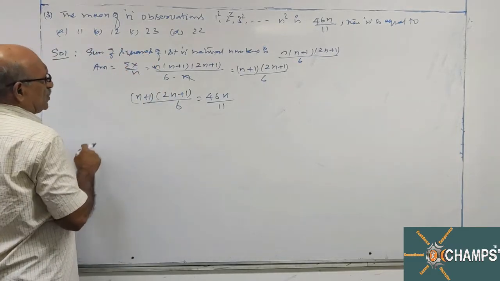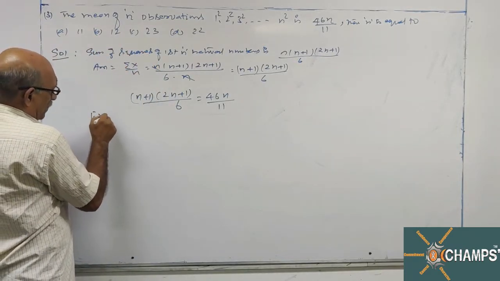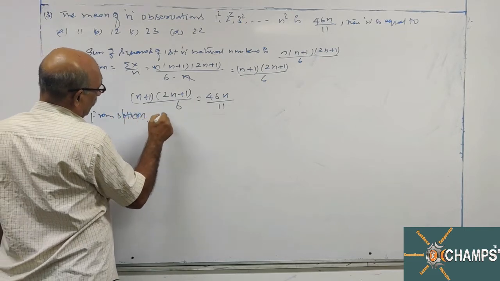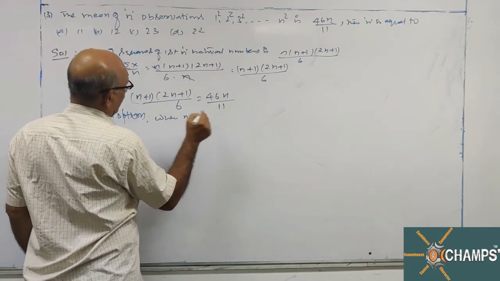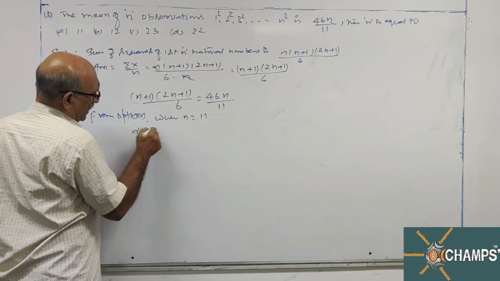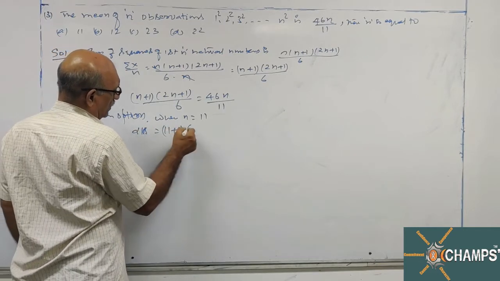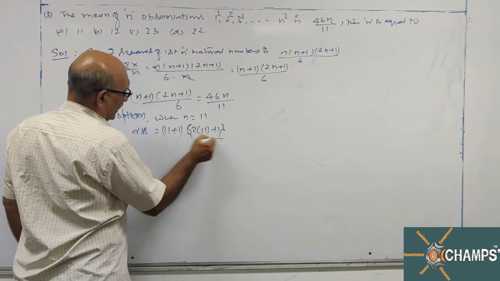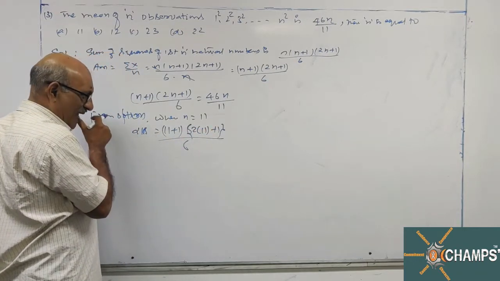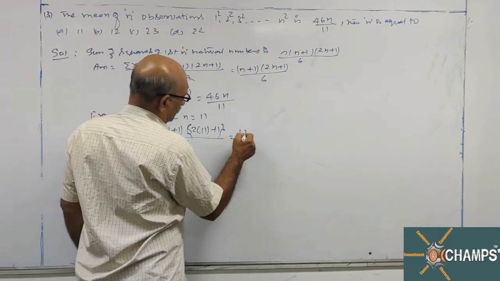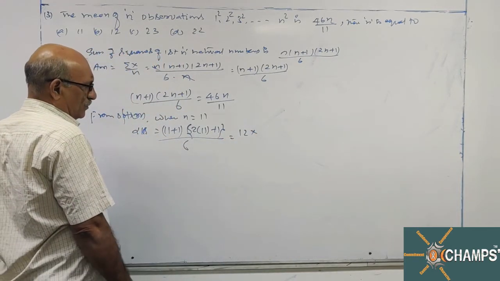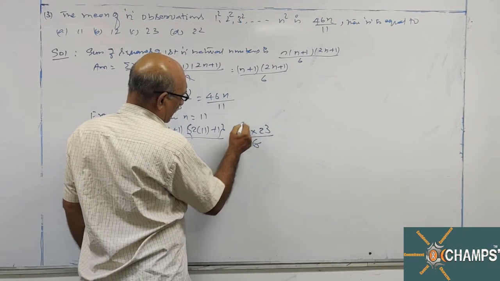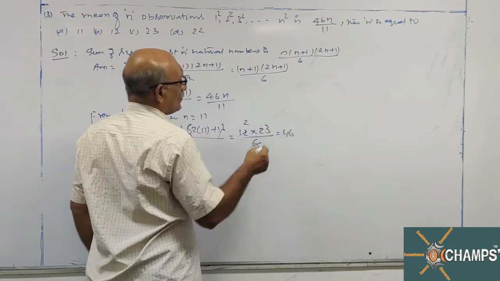Let us take the values from options. From options, when n is equal to 11, left hand side is 11 plus 1 into 2 into 11 plus 1 divided by 6. 12 into 23 divided by 6. It will go 2 times, 46.